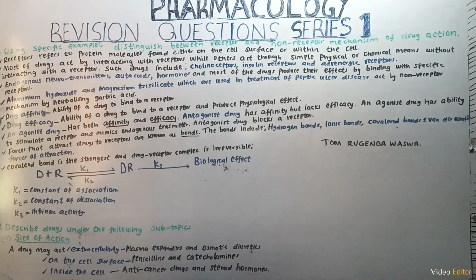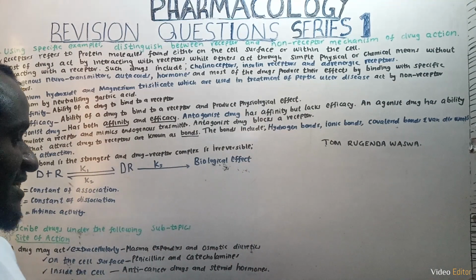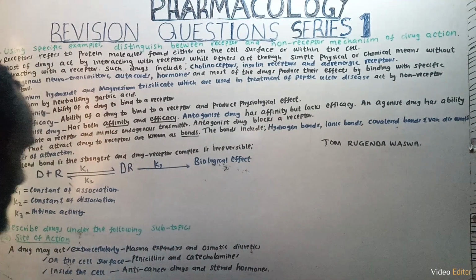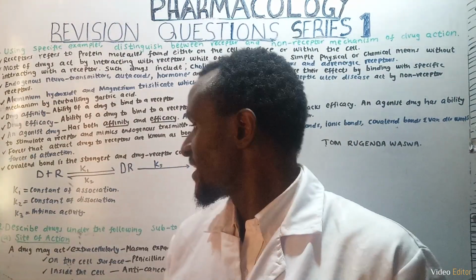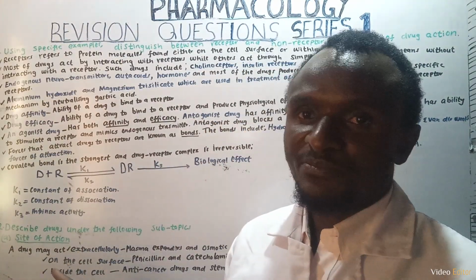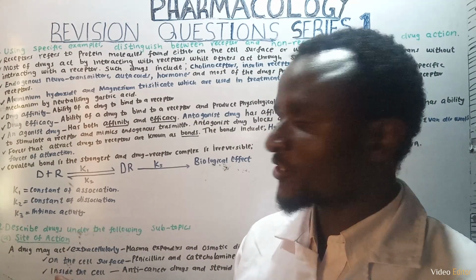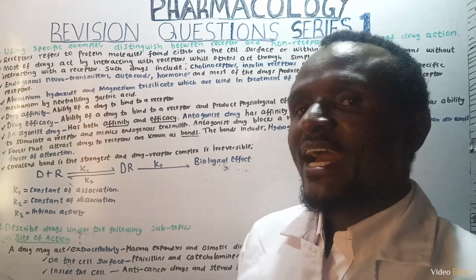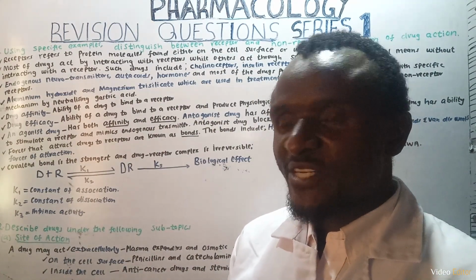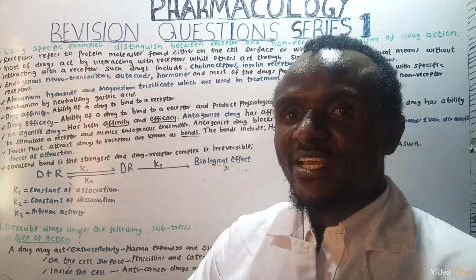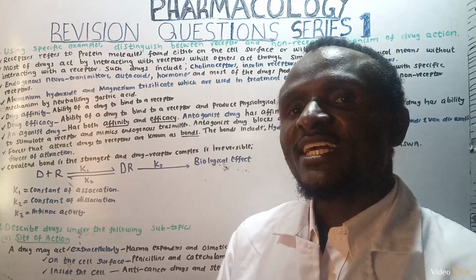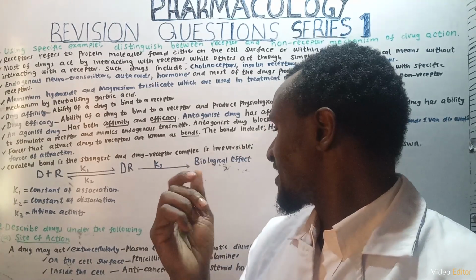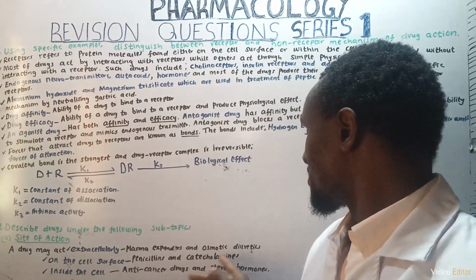So we go to the second question. The second question says, describe drugs under the following subtopic. Number one is site of action. A drug may act extracellularly, that is on the outside of the cell. Examples of such drugs are plasma expanders and also osmotic diuretics.